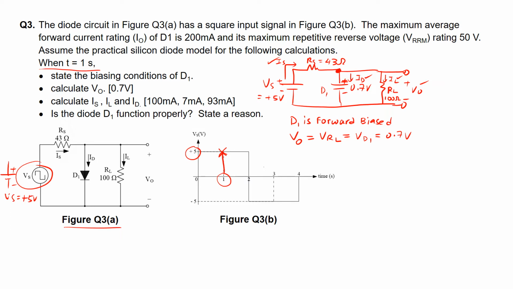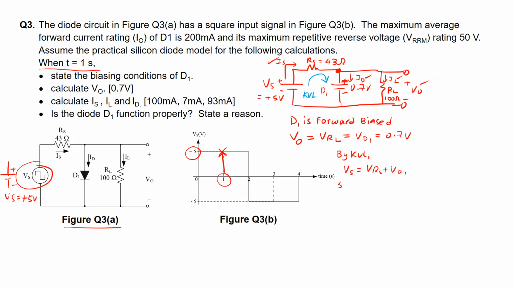And to calculate for the current Is, Is is the current that comes out from the voltage source Vs. So we can actually do a KVL in this loop here. By creating a KVL equation around the first loop, we have this equation by KVL. Vs will be equal to Vrs plus Vd1.